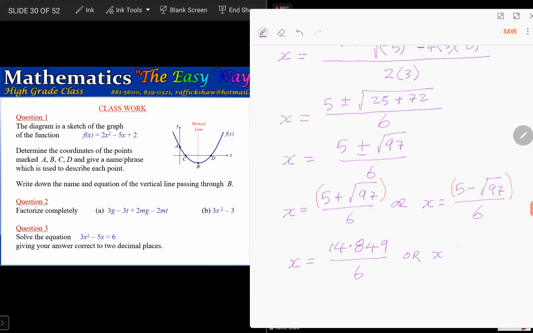And then I get negative 4.849 divided by 6. All right, and then after a while you won't go step by step, you just work them out straight.